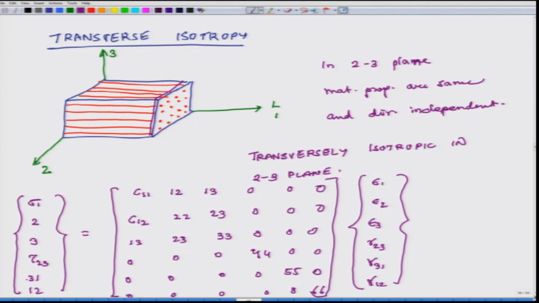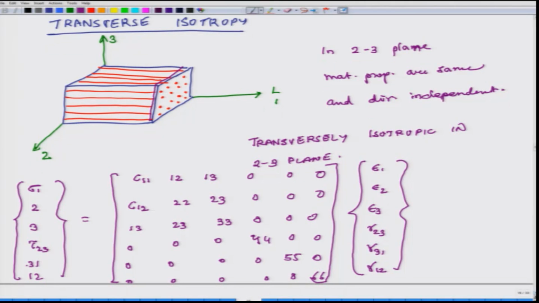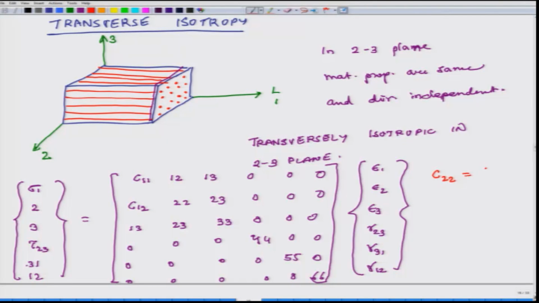Okay. If this material is transversely isotropic in the 2-3 plane, then what are the relationships between different material constants? It means that if I pull this material in 2 direction or if I pull this material in 3 direction, its elastic modulus should be same, which means C22 should be same as C33.